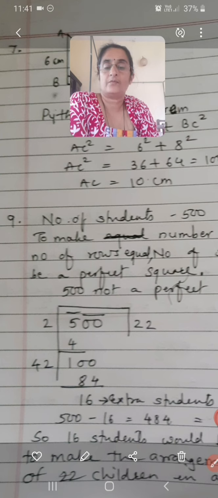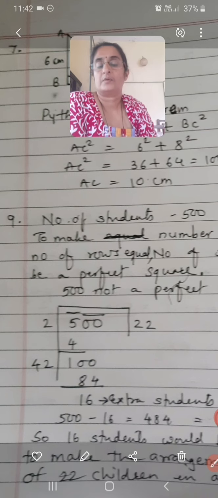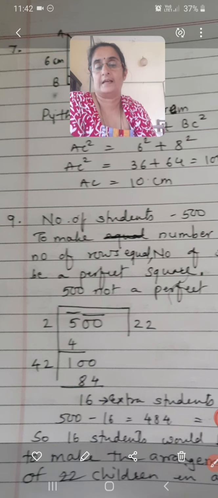Now if you take 4 in front of 4, 41 into 1 will be 41. The remainder will be greater. Take 2, so that becomes 42 into 2, which is 84. So subtraction of 84 from 100 gives you 16. So 16 students are extra in that. That is the remainder.